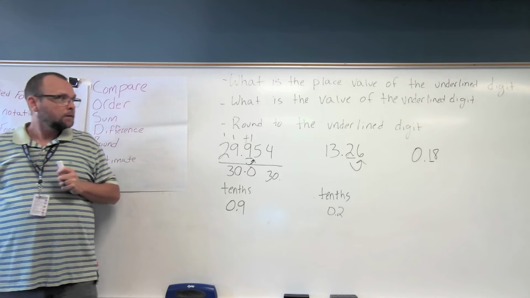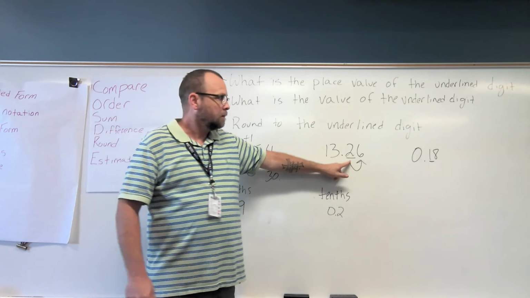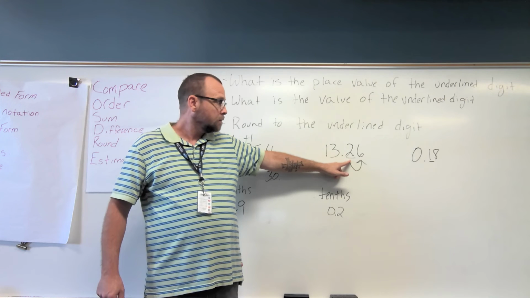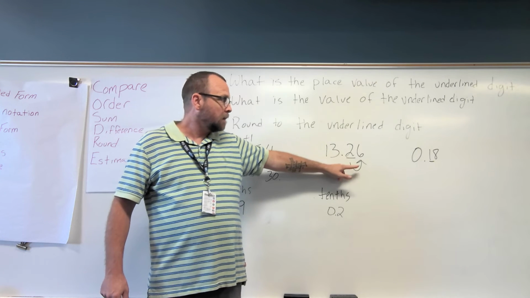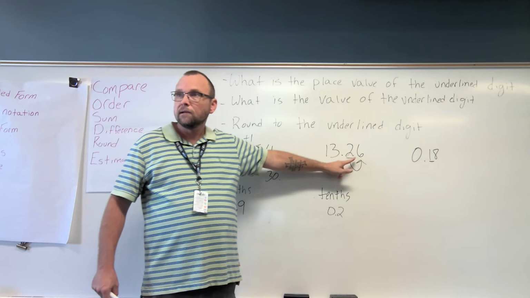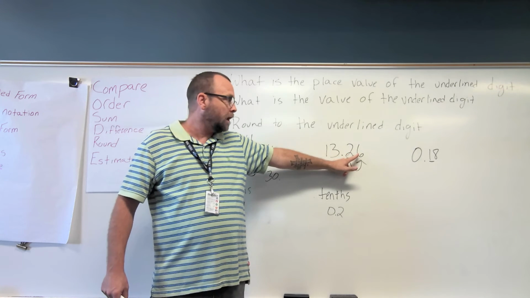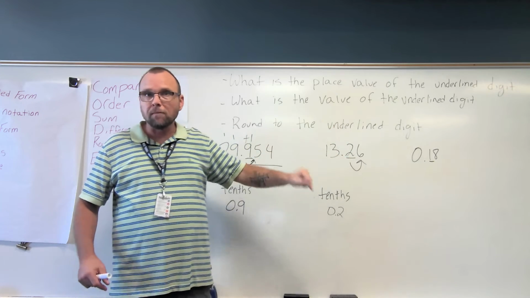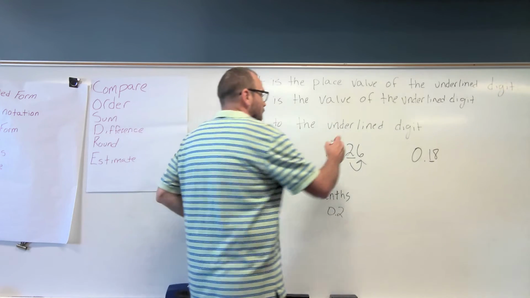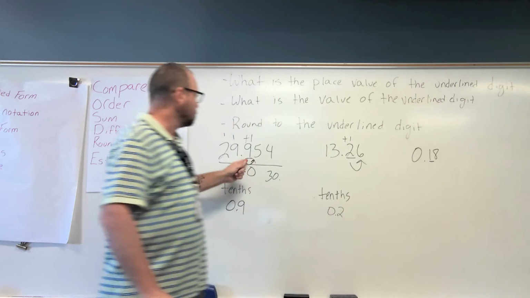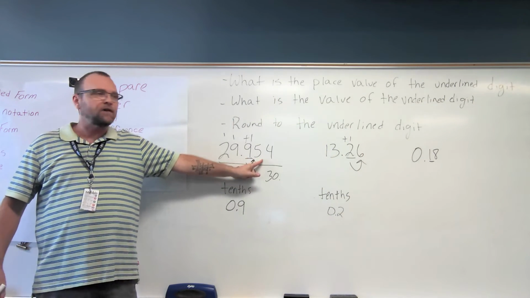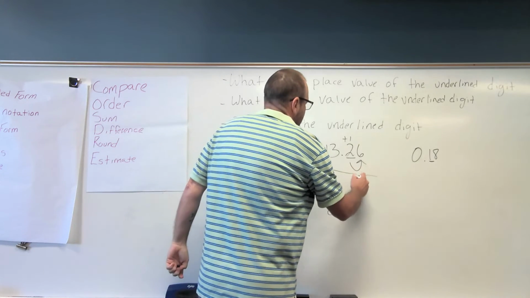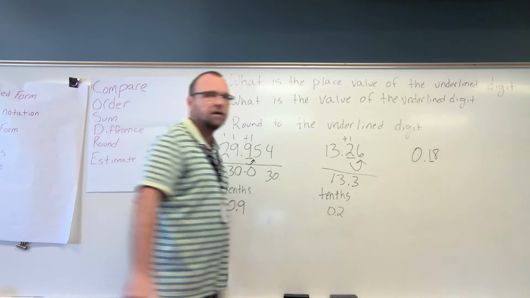Leave the 2, because nothing can be greater. Okay, but I'm looking at the number behind it. If the number behind it is 5 or greater, then I add 1 to my underlined number. Just like the number here, the number behind it was 5, so that means I add 1. So I'm going to end up with 13 3/10.